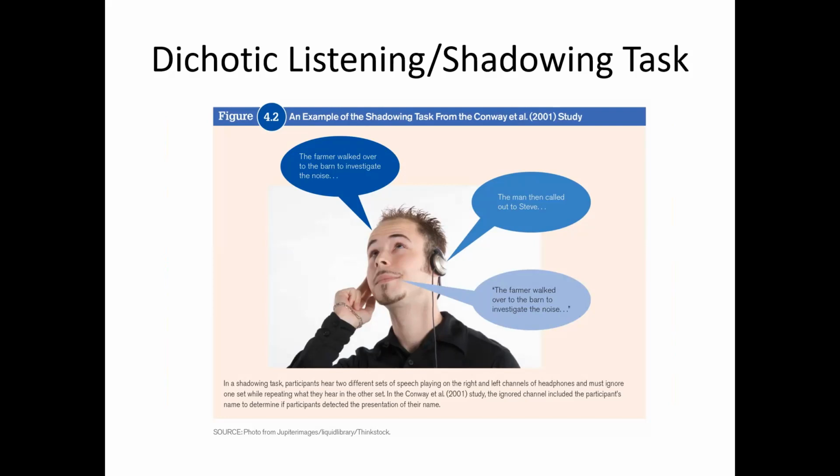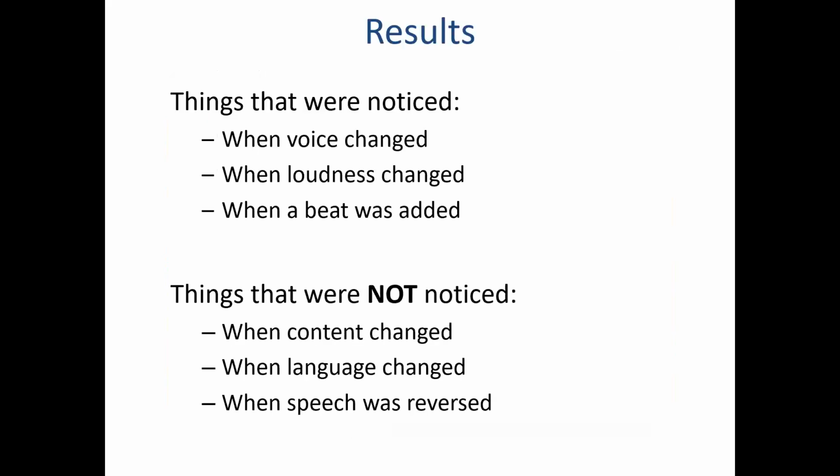So what are the results from this study? We found that the participants were able to notice when the voice changed in the left or the right ear. They noticed when the loudness changed, the volume, and when a beat was added to either side.